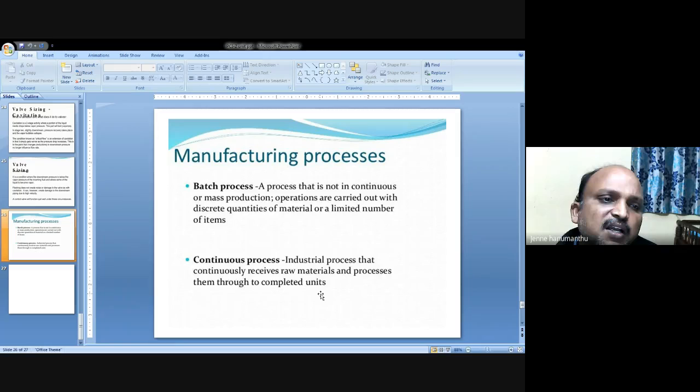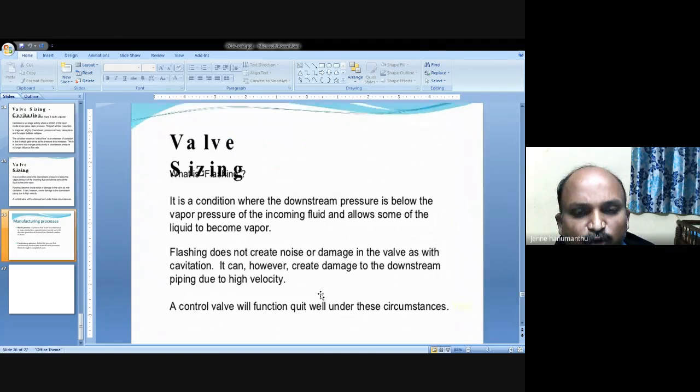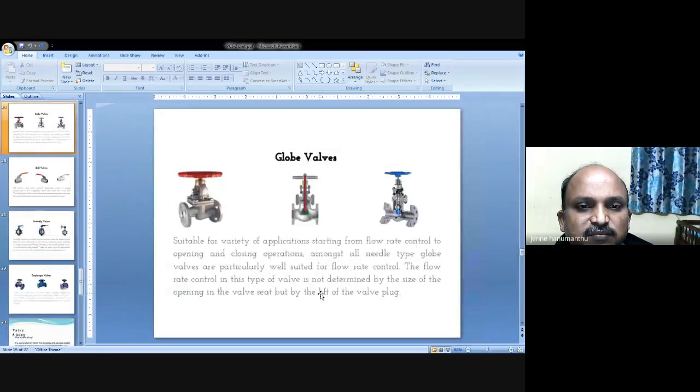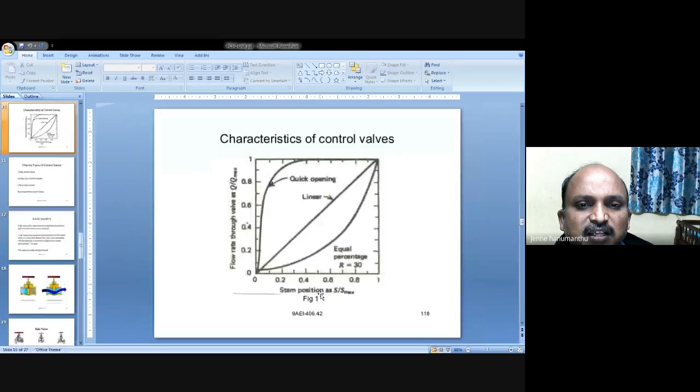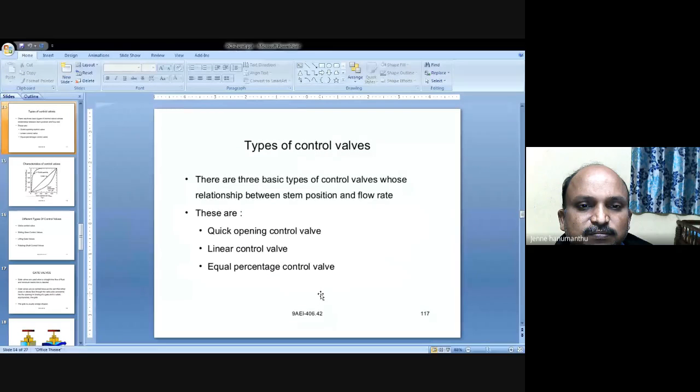Okay, I don't know whether you are satisfied with this or not. Understand the meaning of control valve. Control valve simply controls the liquid flow rate, the fluid flow rate.